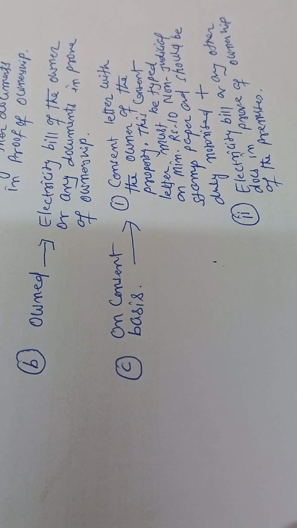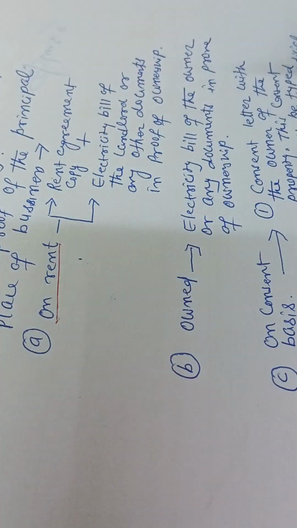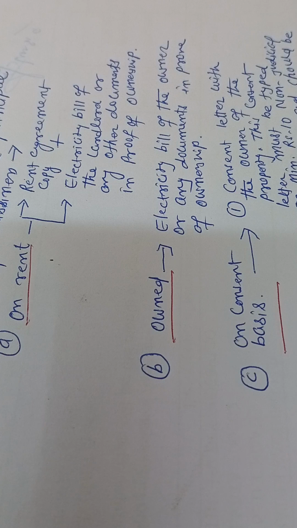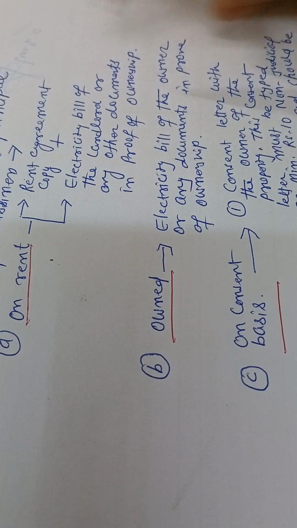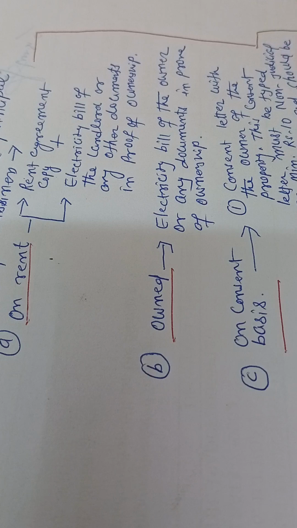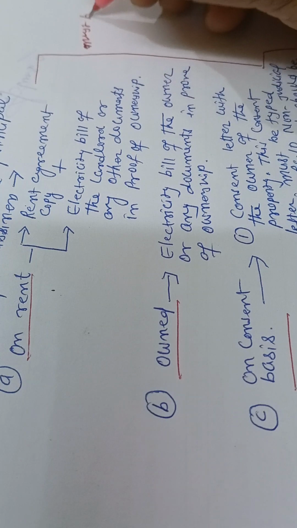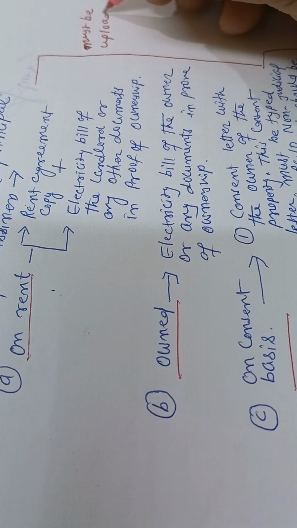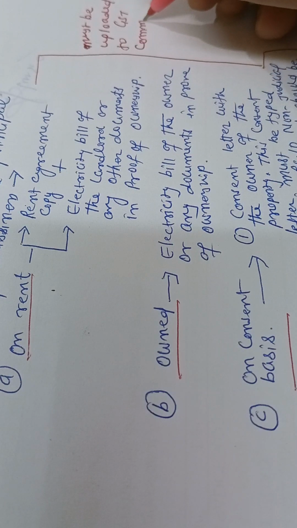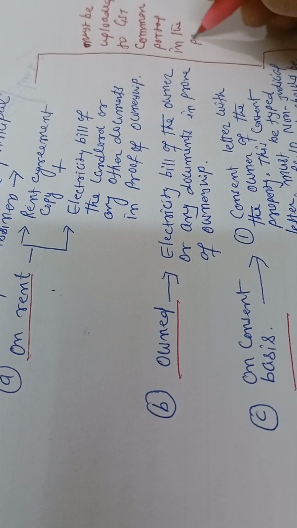So whatever may be the situation, whether it is on rent or it is owned or it is on consent, you have to procure the documents based on the situation, and all these documents as per situation must be uploaded to the GST common portal in the PDF format.